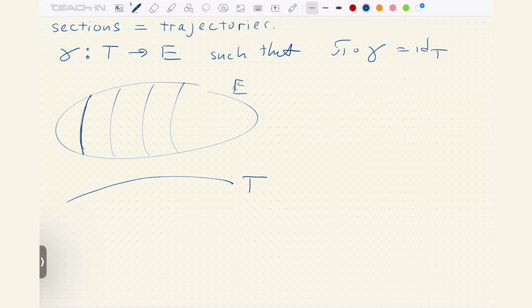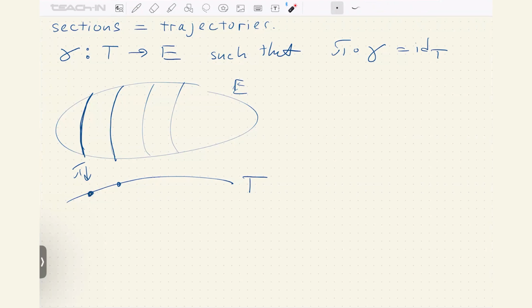Projection takes the entire fiber and sends it to a point on our timeline, on our base, right? So this fiber is sent to another point. But what is gamma? Gamma takes a point on the timeline and sends it somewhere to the fiber. So to each point, the fiber over the same point.